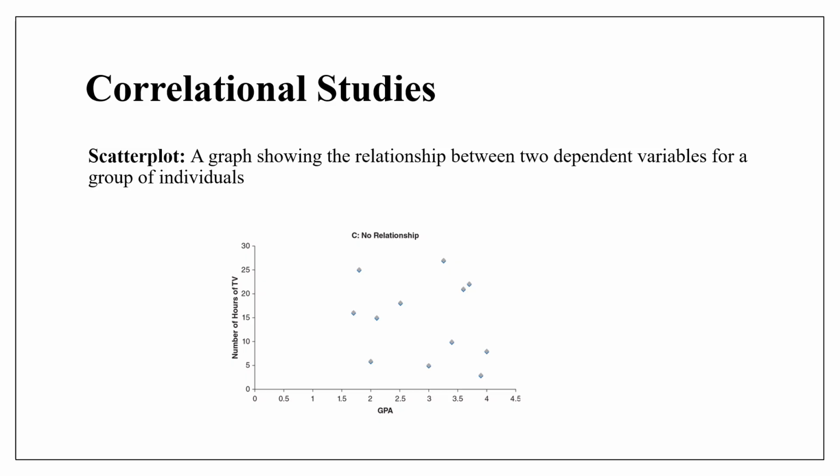So every time you see a dot in this type of scatter plot, if you follow that dot down to the x-axis and see where it hits, that will tell you the GPA information for that individual. And if you follow that same dot horizontally until it hits the y-axis, it's going to give you the information for how many hours of TV they were watching for any given time that they were asked about.